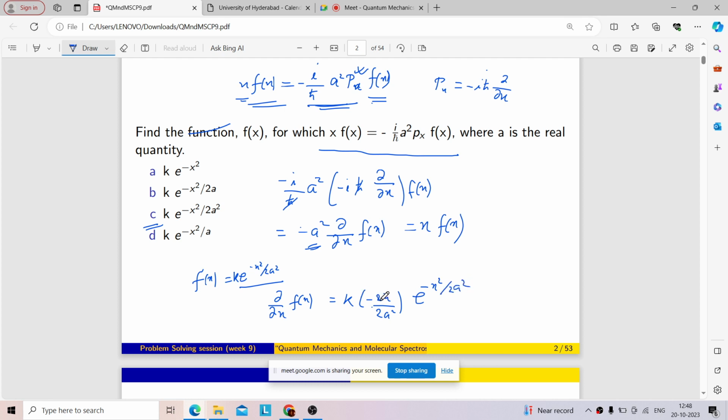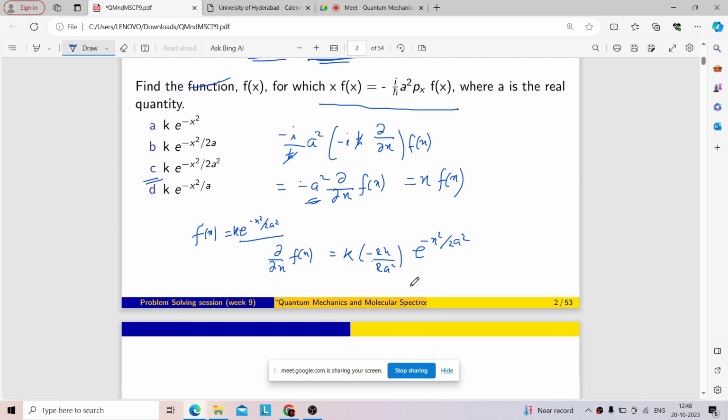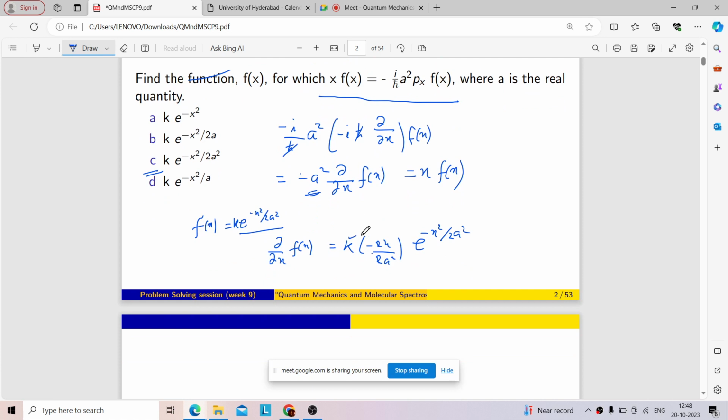The 2 cancels in numerator and denominator. And this k along with this function gives f of x, right? Then what remains is minus x over a square.